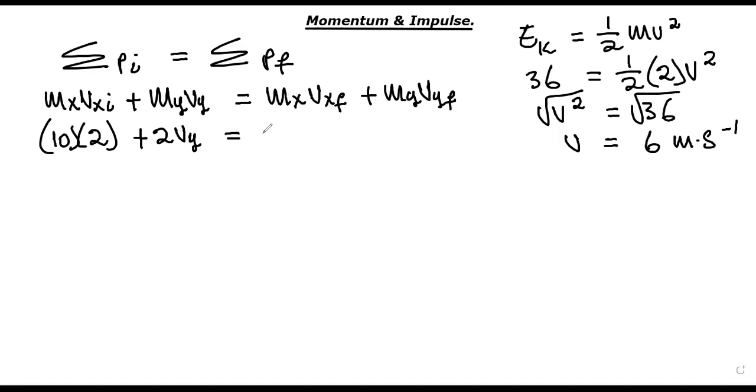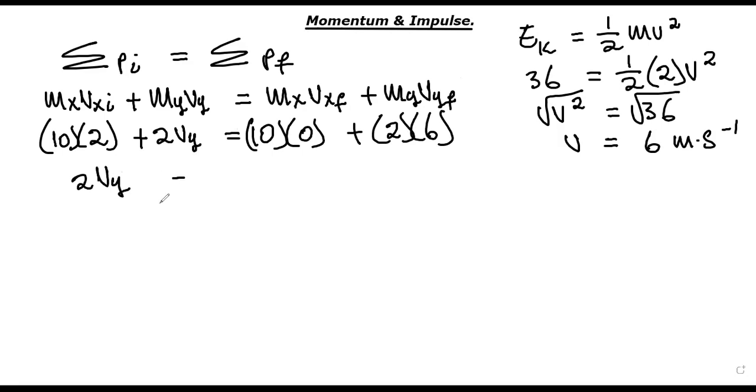Then we say the mass of X is still 10, but the final velocity of X is 0 because it comes to rest. The mass of Y is still 2 kg, but the final velocity is positive 6 meters per second. Now, on the left-hand side, I'm left with 2 Vy.